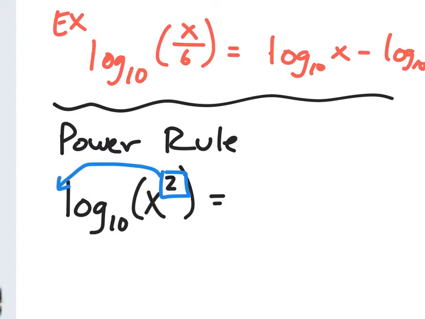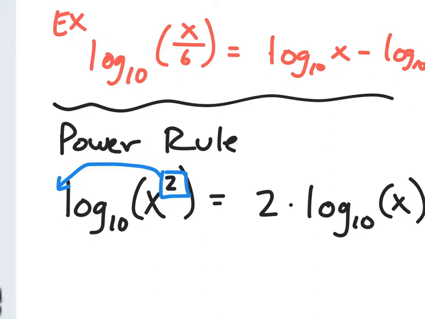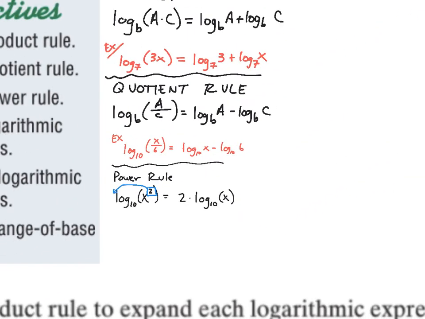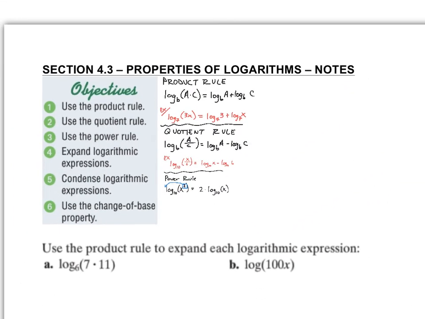Kind of a cool thing that we can do there. So I would write this as 2 times log base 10 of x, okay? And so that's what I've got.